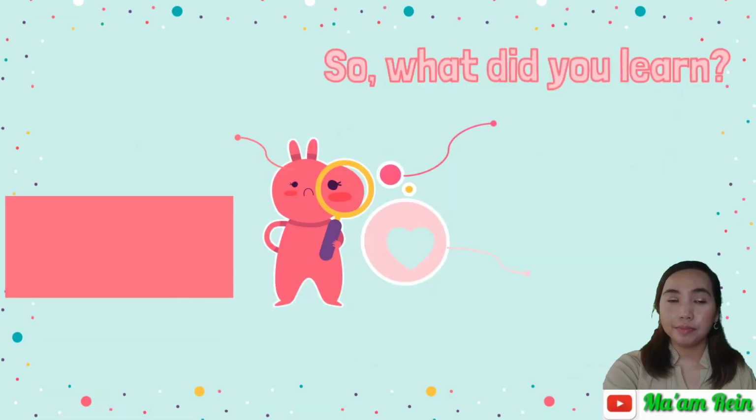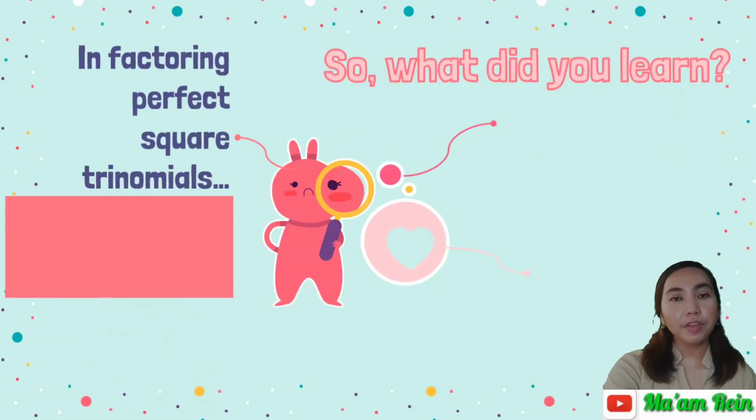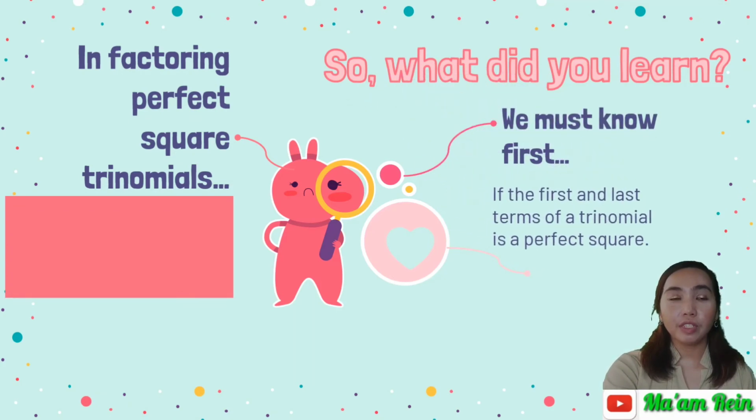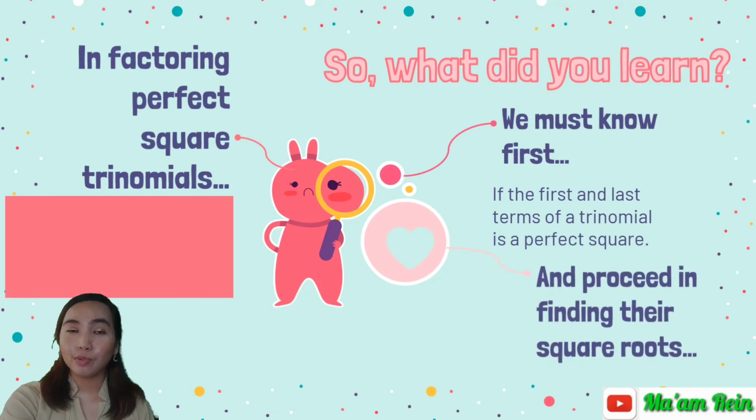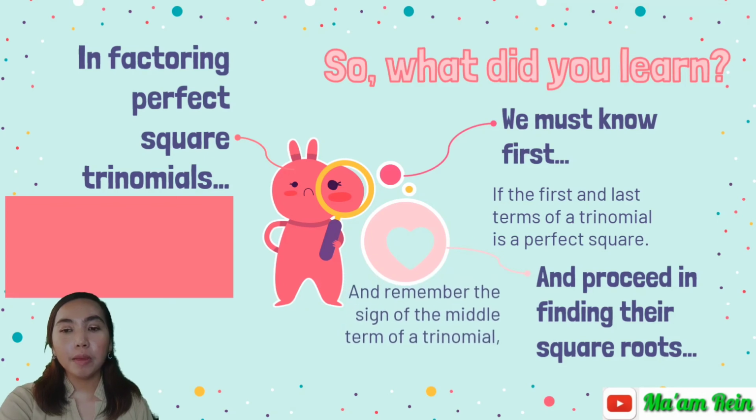So what did you learn? So in perfect square trinomials, we must know first if the first and last terms of a perfect square trinomial is a perfect square. And proceed in finding their square roots. After that, we must remember the sign of the middle term is the sign of the square of a binomial.